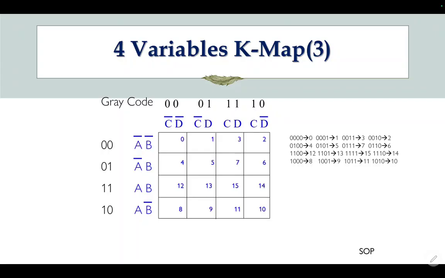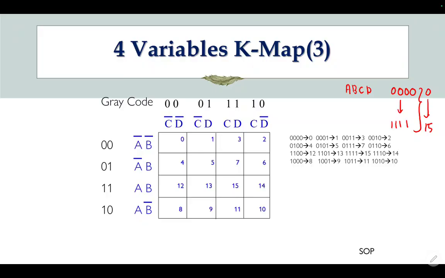This is example for 4 variable K-map. For 4 variables, remember you got A, B, C, D. You are measuring 4-bit binary 0, 0, 0, 0 until 1, 1, 1, 1. So all from here to here in decimal, you are measuring from number 0 until number 15. For 4-bit binary, you will have 16 cells.